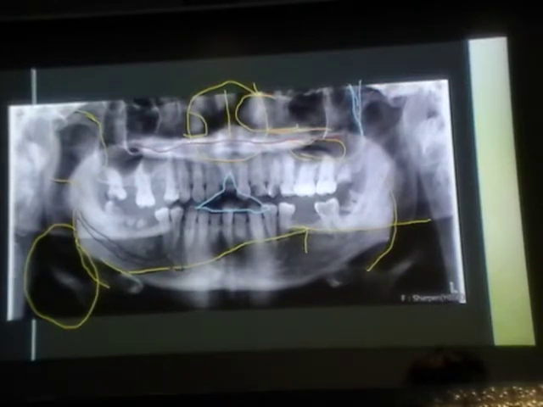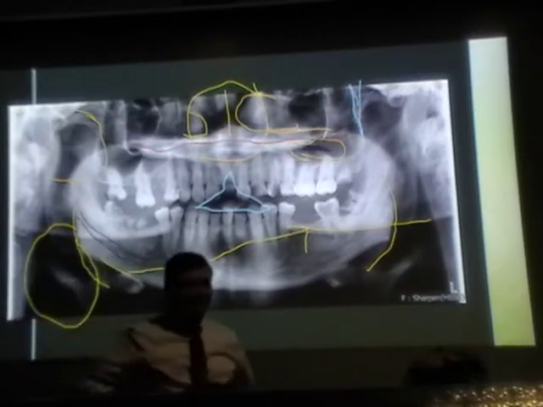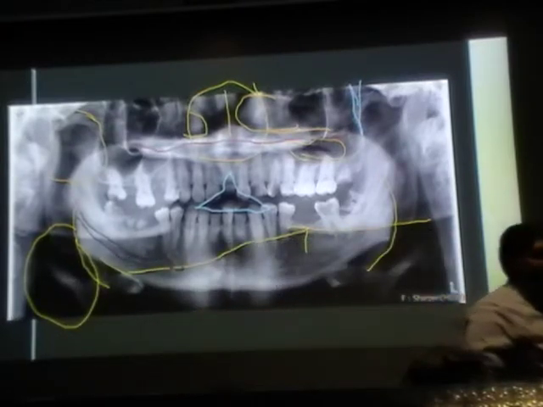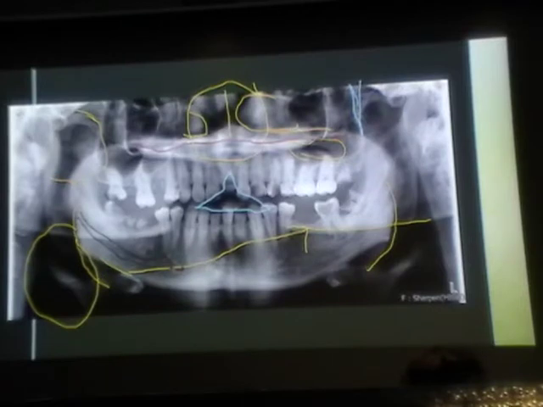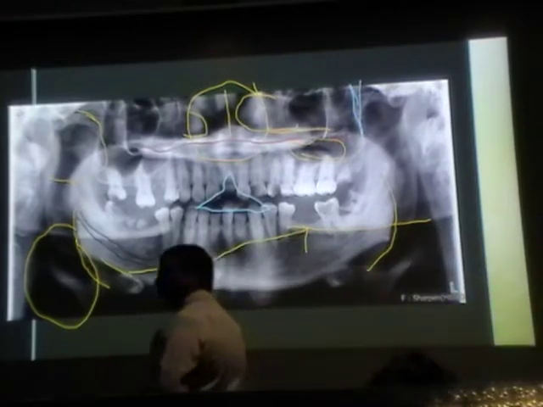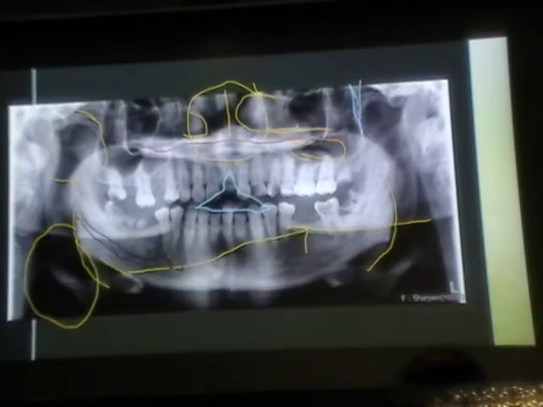What is that? The pterygomaxillary fissure? What is it famous for? Is that also the lateral border of the maxillary sinus?